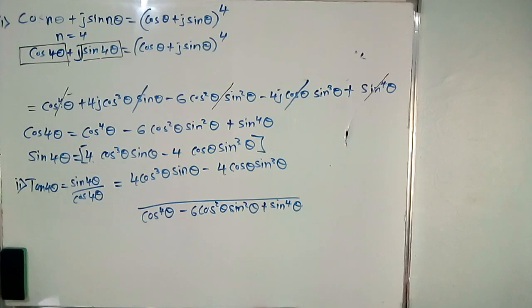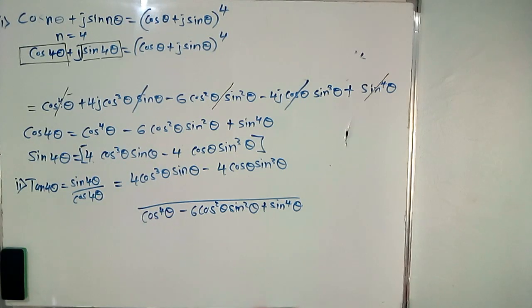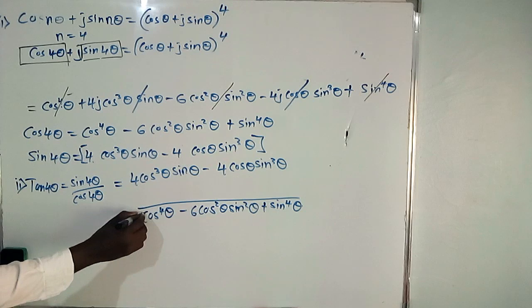But they want it in terms of tan theta, isn't it? For you to get tan theta, tan is sin theta over cos theta, so we must divide everything by cos theta. You must divide with the highest power of cos theta in that problem.